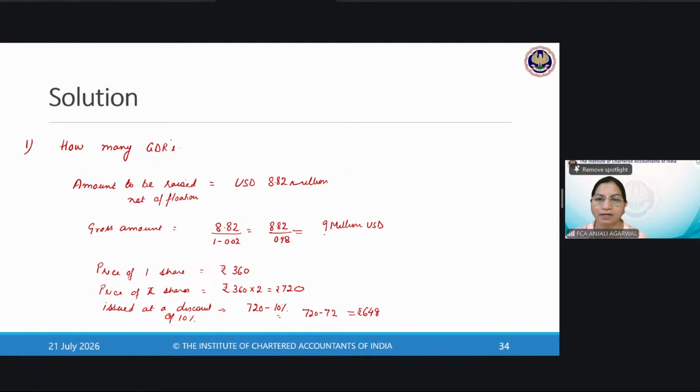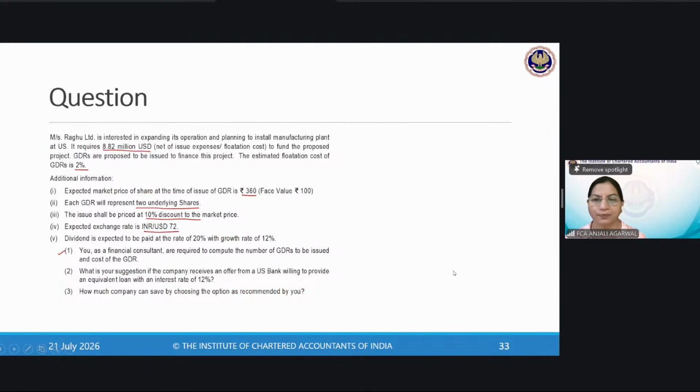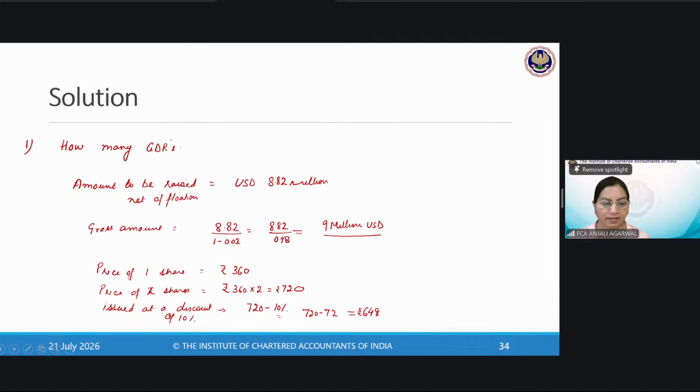We need to raise $9 million and the exchange rate is 72. So one GDR in US currency would be 648 divided by 72, which is exactly 9 USD.